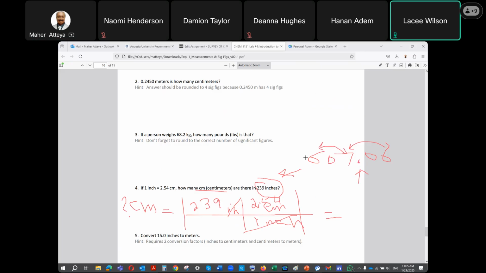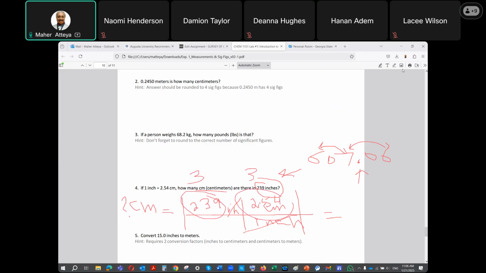So would we leave the entire answer as 607.06, or what would we do? What will be our answer? This is 5. We need how many? For our answer, we say the least significant, because we are dividing and multiplying. This one has 3 significant figures, so our answer is 3.